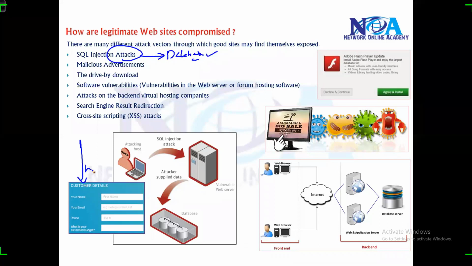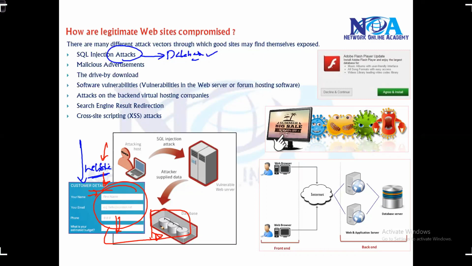Let's say you are trying to access a website, and that website also has a place for customer details to enter. If you visit our page on the contact details, we also have this kind of portal where you will be asked to enter your name, email, these kinds of details, which will be stored in the backend database.